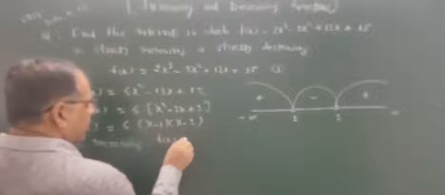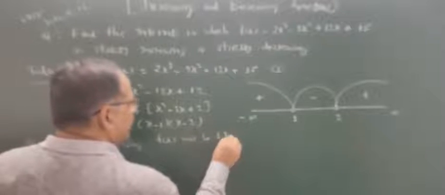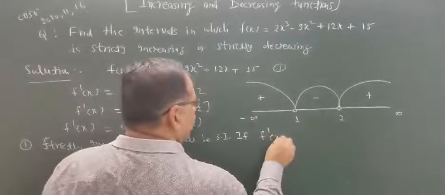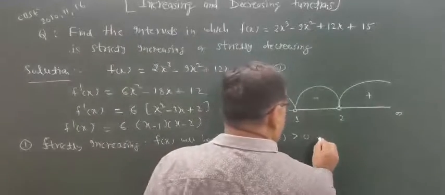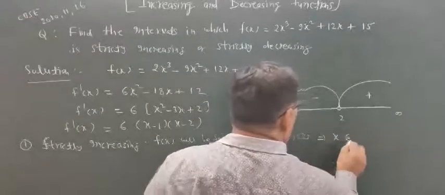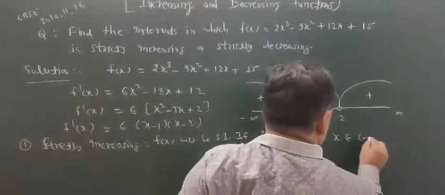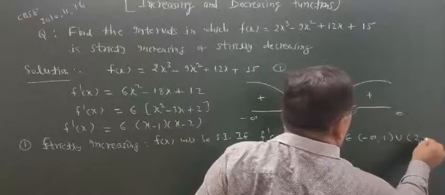f(x) will be strictly increasing if f dash x is greater than 0. Okay, and this is possible when x belongs to, so there are two intervals there, minus infinity to 1 union 2 to infinity.